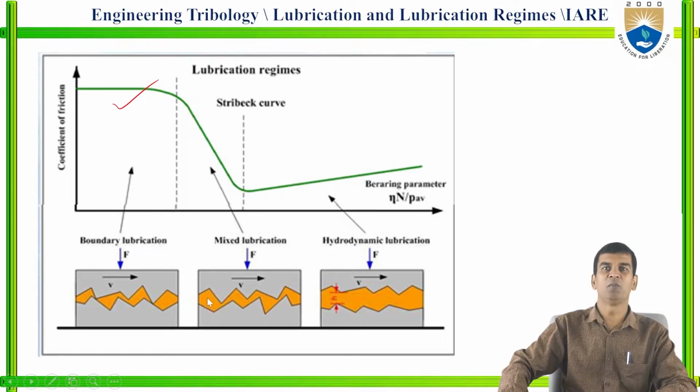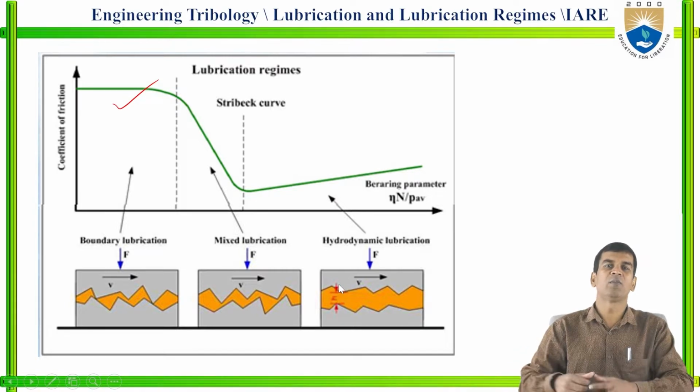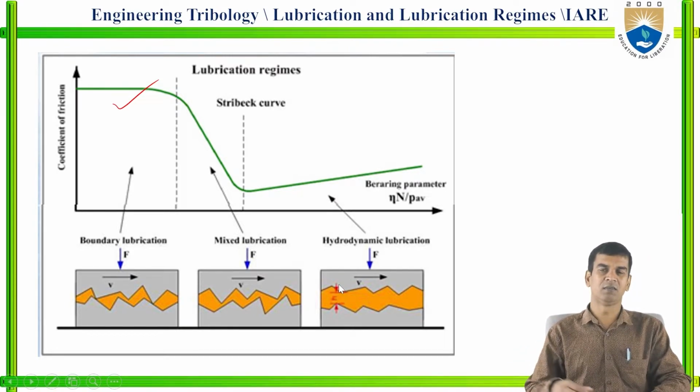At the contact points it is less. Now look at the hydrodynamic lubrication system. Because of the more fluid between the surfaces, the metal-to-metal contact points are very few.